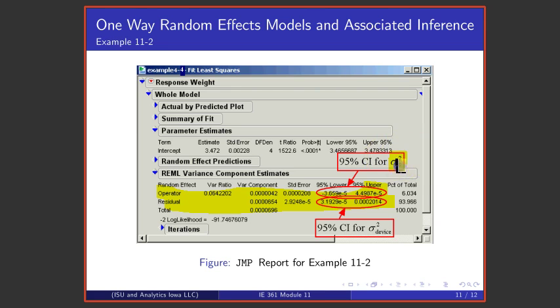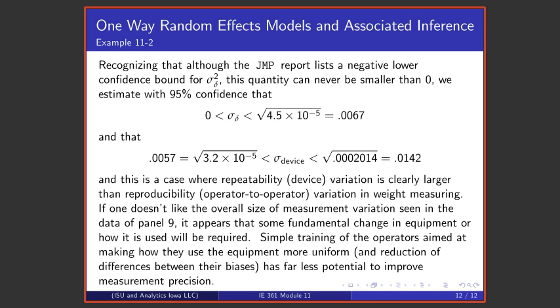There is the variance component between operators, so that's a sigma squared for operator biases, and then there's a sigma squared for device. This bit is a reproducibility variance. This is an interval for a repeatability variance. Again, if JUMP reports a negative variance, of course you replace it with a 0.